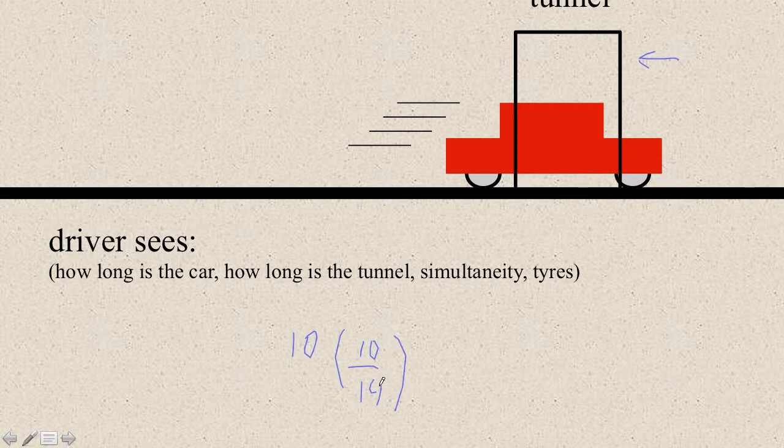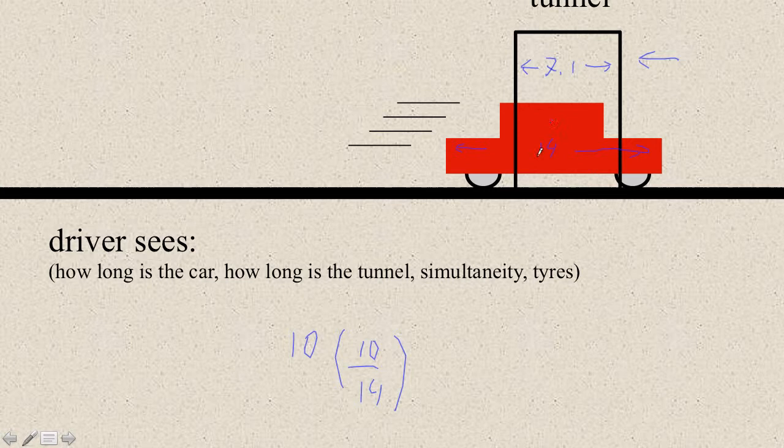The tunnel is actually shorter, according to the driver. They see the tunnel as 10 times 10 divided by 14. They see the tunnel as being about 7.1 feet long. Their car is, of course, 14 feet long. This is what the driver sees.